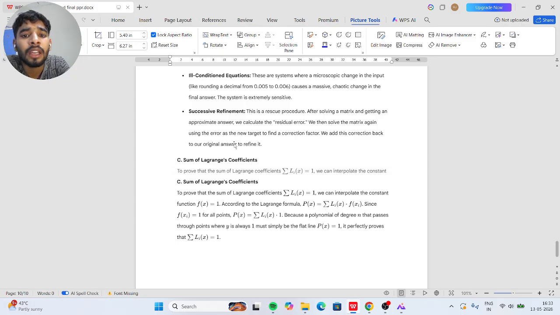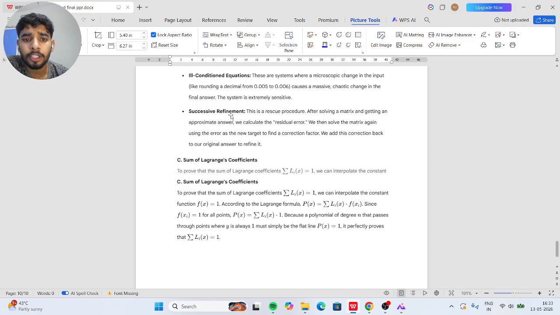This system is extremely sensitive. We have done these types of methods in our internal first question paper, where we understood the changes between the cases. We changed the value by just a little bit and interchanged the equations. So you can go through that and learn from that.